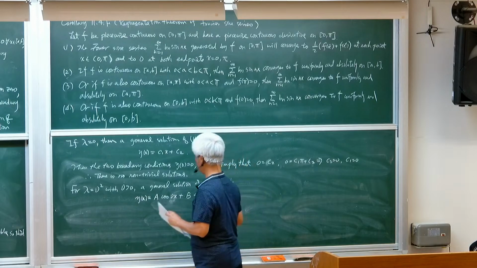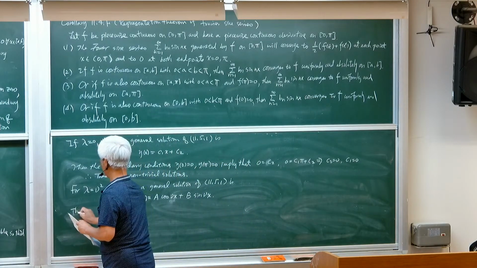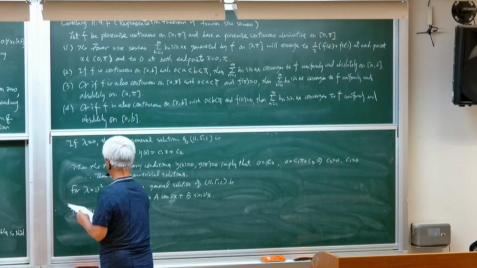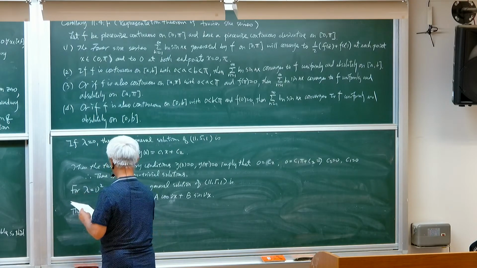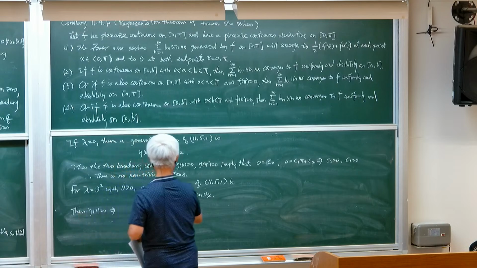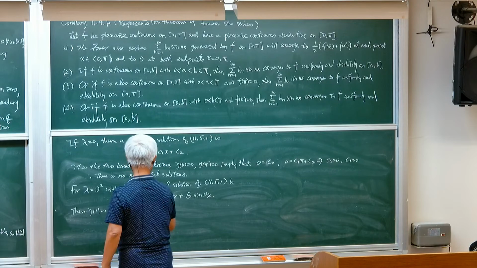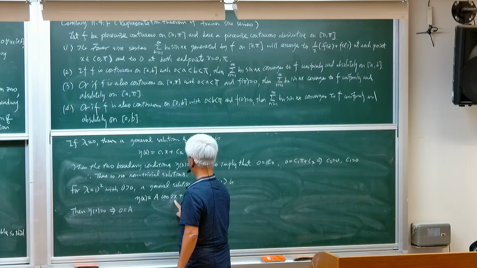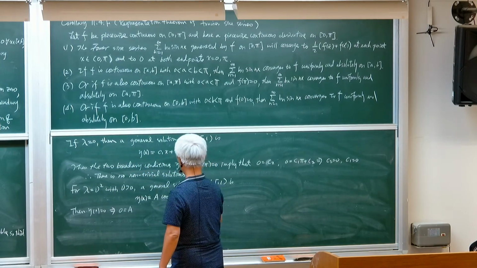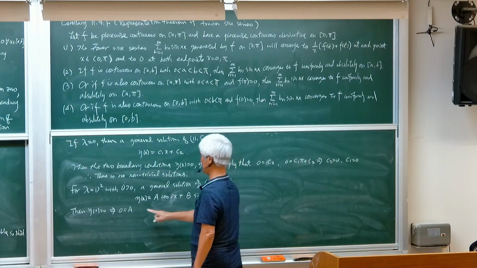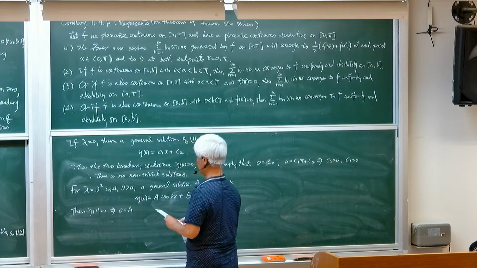Now we apply the two boundary conditions. y(0) equals 0 implies that 0 equals A cosine 0 plus B sine 0. Cosine 0 is 1, but sine 0 is 0, so A is 0.